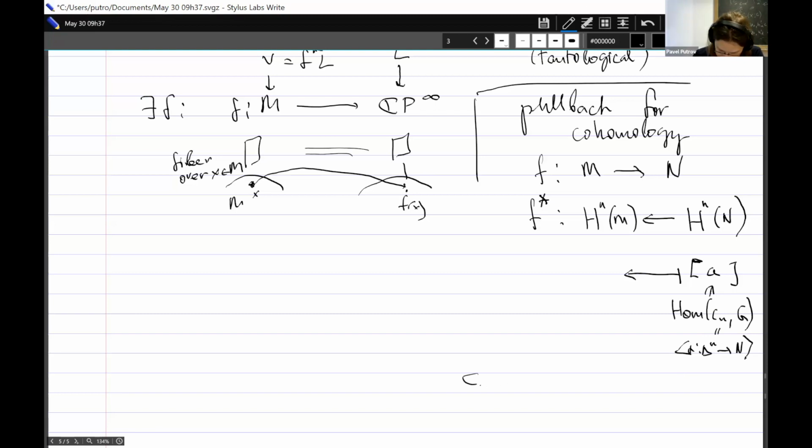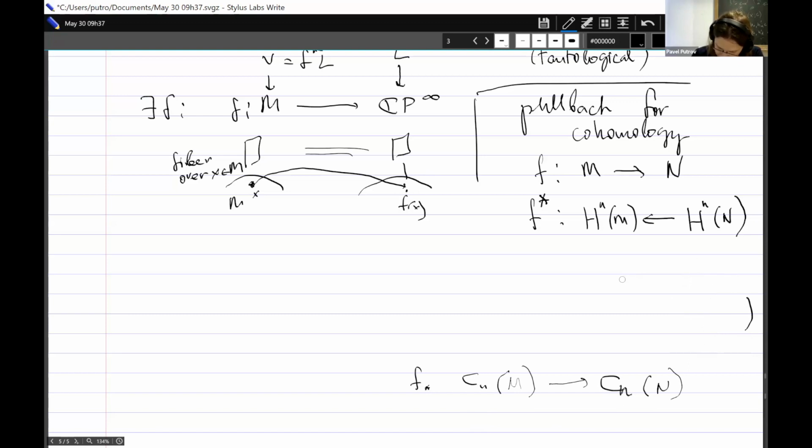Let me write this way. So first we define F star as a map from Cn to G, here I'm omitting explicitly the coefficients. Let me write it more clearly.